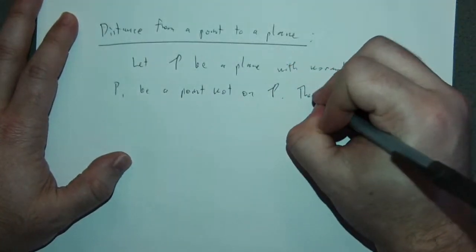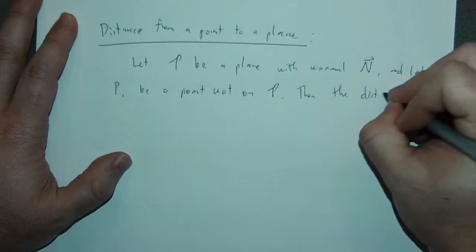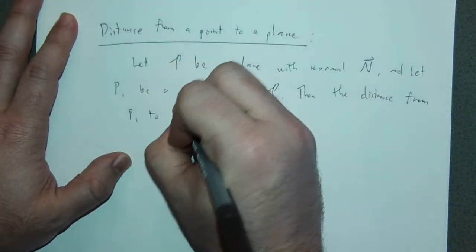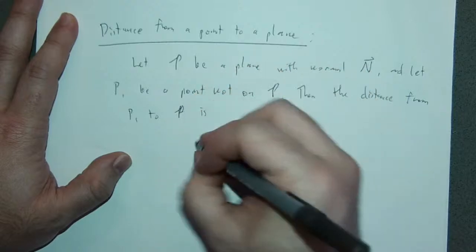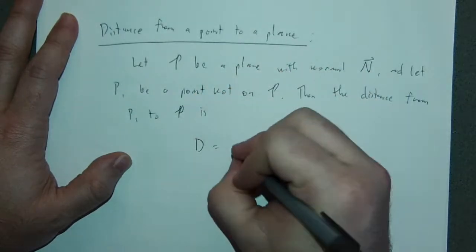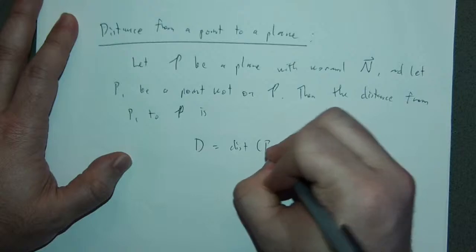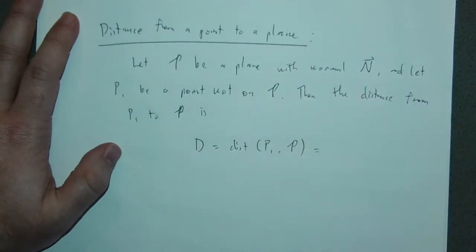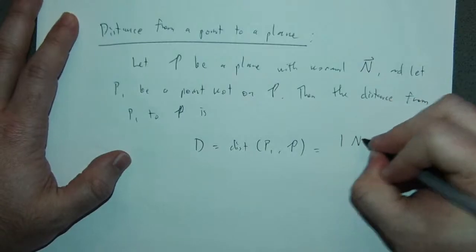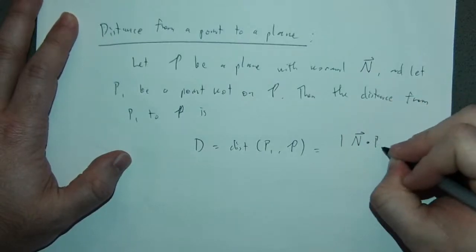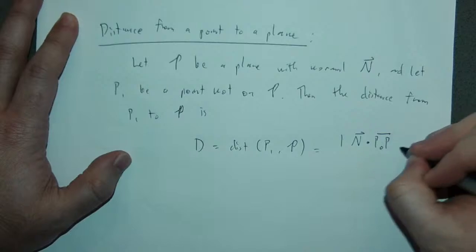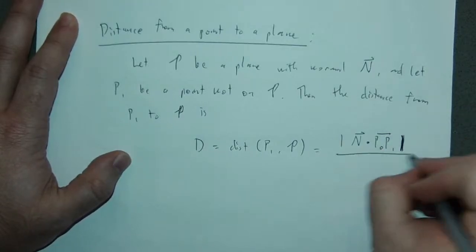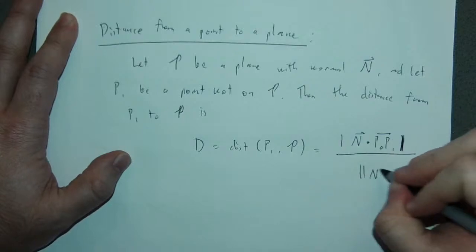Then the distance from P1 to P is d, or we write it as the distance from P1 to the plane P. This is the absolute value of n dotted with the vector P0, P1, divided by the length of n.